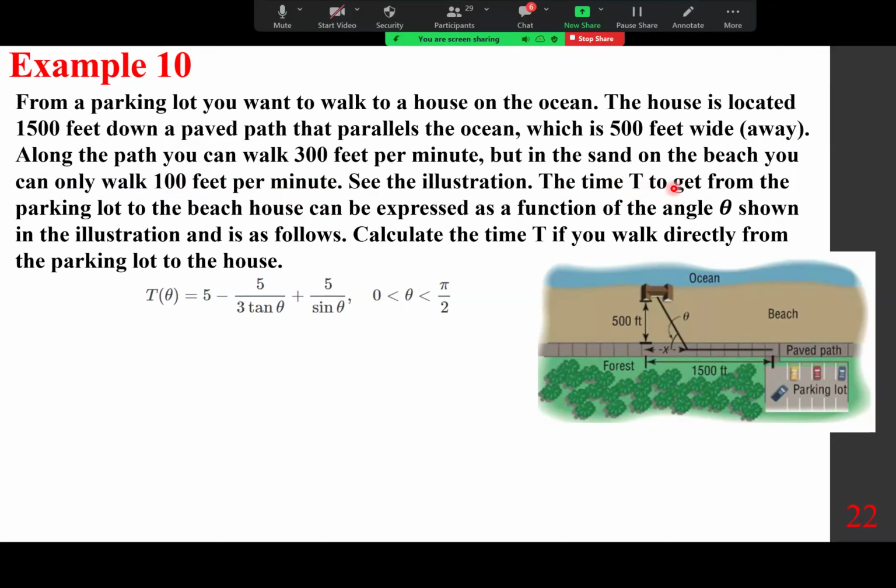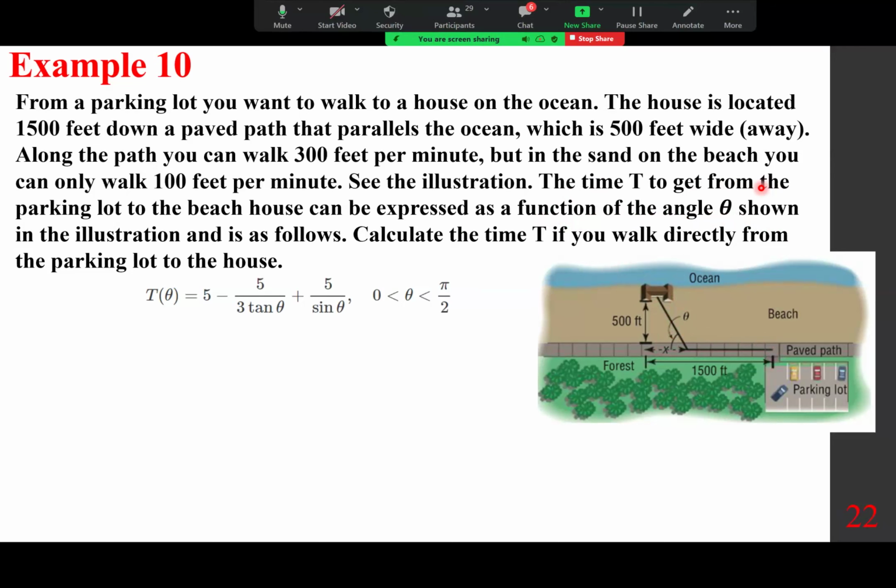The time t to get from the parking lot to the beach house can be expressed as a function of the angle theta. This is the angle that you choose to make. At some point, you turn towards the house, walking on the beach. It may be 90 degrees, or maybe some other angle, or just right from here. So it depends on theta.